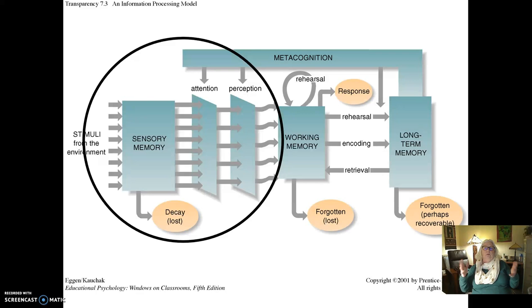We have to somehow hold information in our memory about our environment, either in short term or long term. If we're going to learn and have a long-term relationship with our environment, which most of us have, that information is going to eventually have to go into long-term memory. But sensory memory holds that information very briefly.